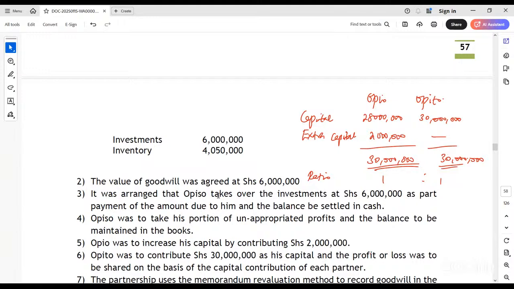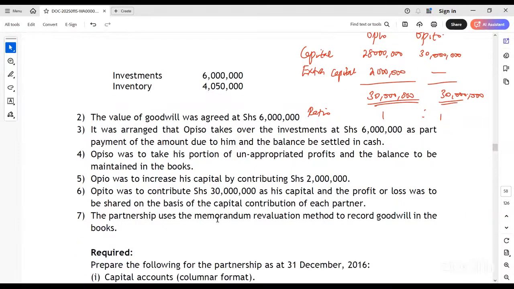So it was arranged that Opiso takes over the investments at shillings 6M as part payment of the amount due to him, and the balance be settled in cash.